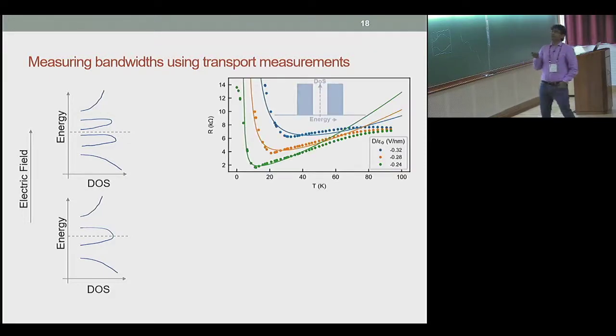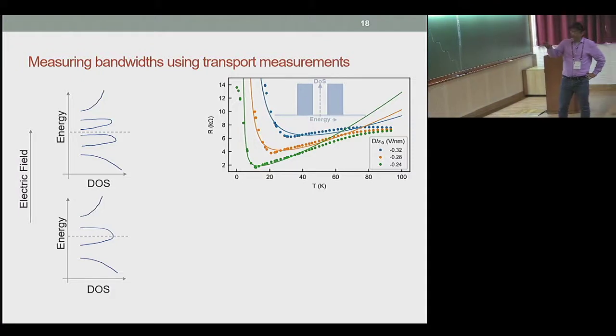So to get to the essence of the experimental system, we tune the system to this point so that it has two flat bands and sat ourselves nicely at the charge neutrality point and measured the metal insulator transition as a function of electric field.